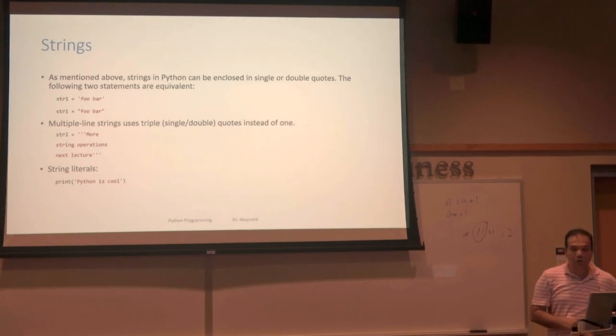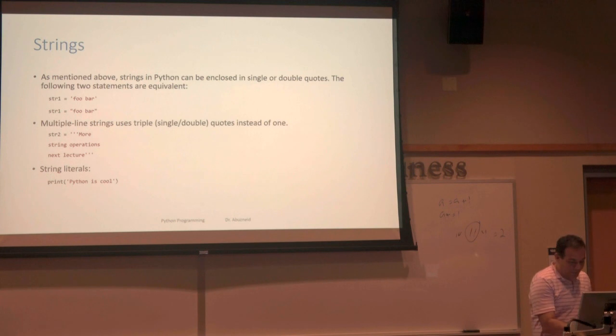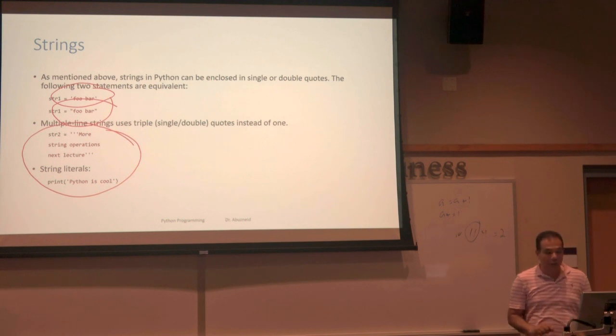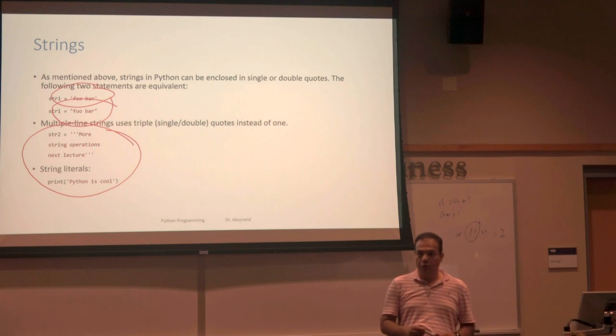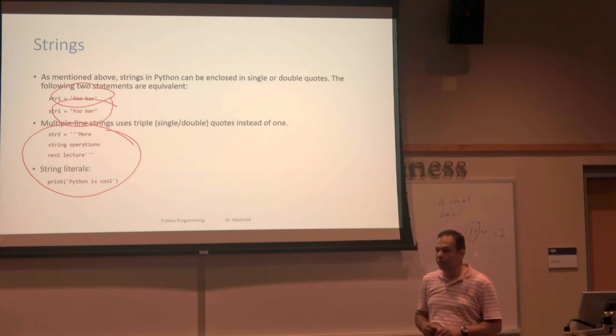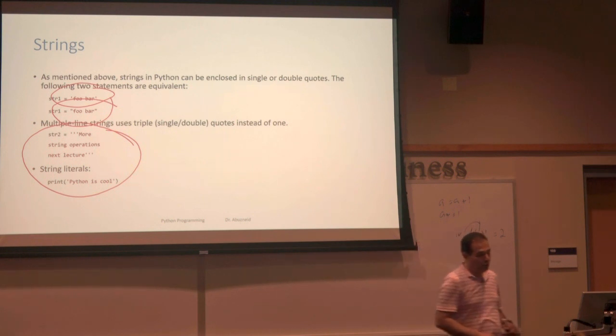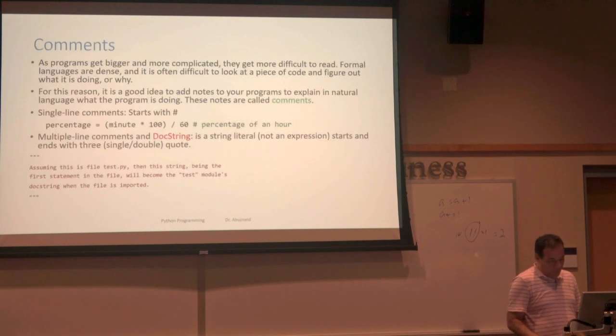So how do you create a string? By using a single quote like in here, or a double quote, or triple quotes. The triple quote will preserve multiple lines.